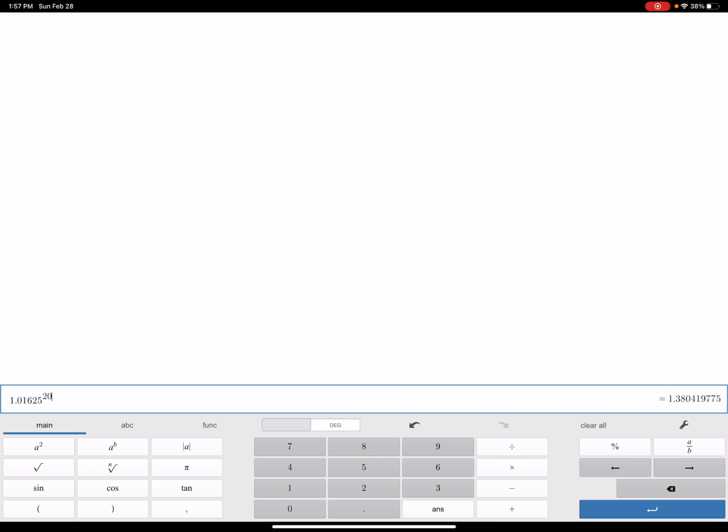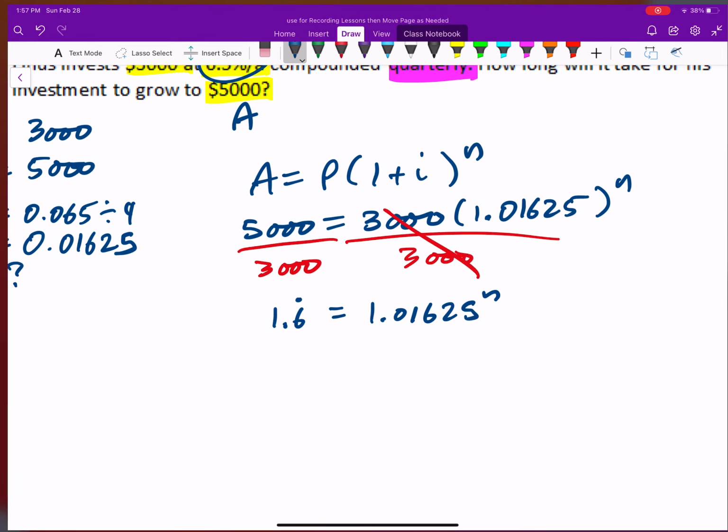Too low. So let's try something higher then. Let's try 30. Okay, getting closer, but not quite there yet. Let's try 35. Oops, I did 335. Too high. 32, that's close. 31, it's a bit too low. Okay, so let's go with 32. So by some trial and error, I got n equals 32.